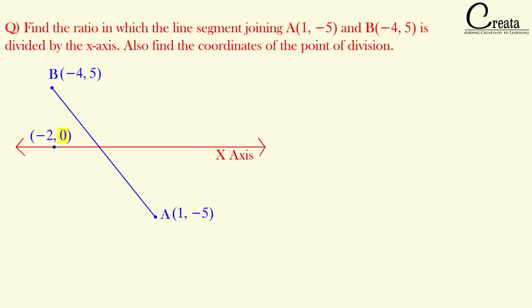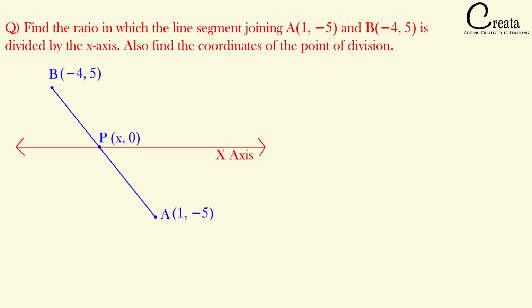And we know on the x-axis the y coordinate is 0. If we assume the point P, which is dividing this line segment into some ratio, is coming on the x-axis, the coordinate of this point will be (x, 0). Here we have assumed the x coordinate of point P as x, and we know on the x-axis the y coordinate will be 0.